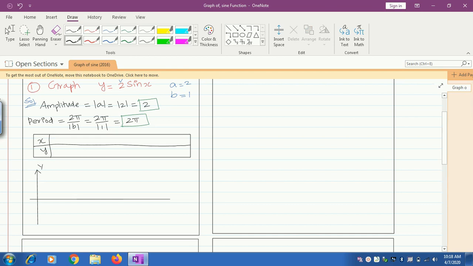This is y and this is x, and since it is given 0, and what about your amplitude? The amplitude is 2. I have to write 2 and minus 2. So all the curves will lie between minus 2 and plus 2, and here this is the period.